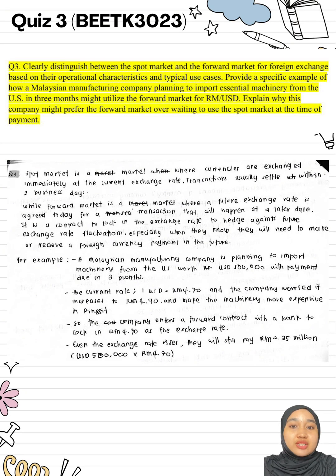To avoid this risk, the company uses the forward market to lock in today's rate of 4 ringgit 70. That way, they will know exactly how much they will pay in ringgit, regardless of what happens to the exchange rate. So they will choose the forward market over waiting for the spot market to protect themselves from currency risk and keep their budgeting accurate.